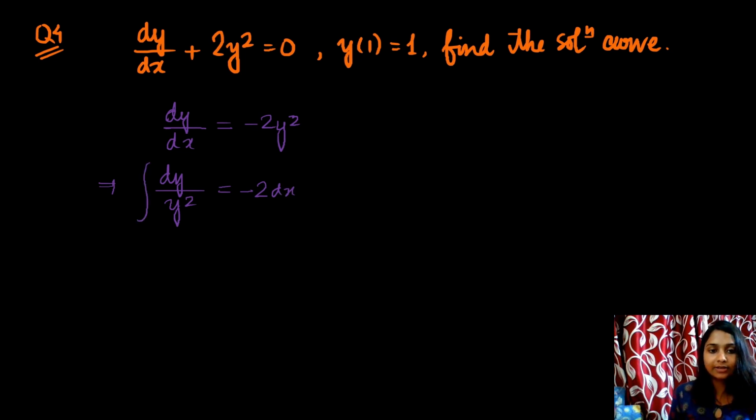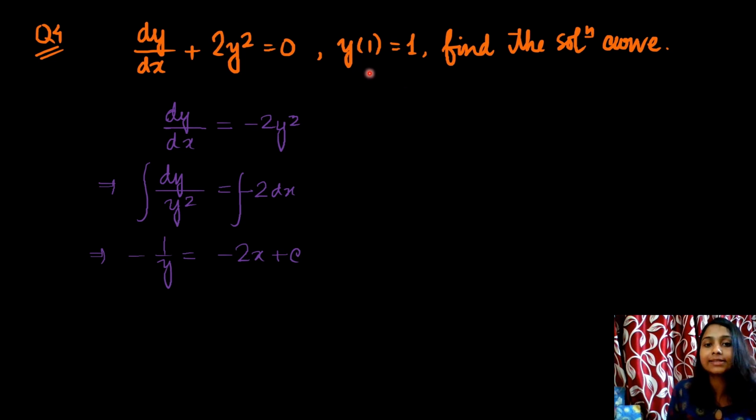So if we integrate these, we will obtain minus 1 by y equals minus 2x plus c. So here we have obtained the one parameter family of solutions. In order to find the particular solution, we need to use this condition, y(1) equals 1.